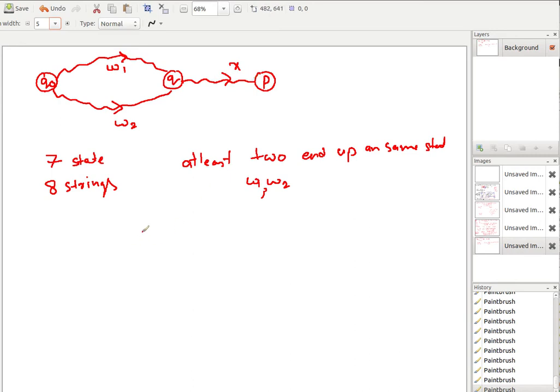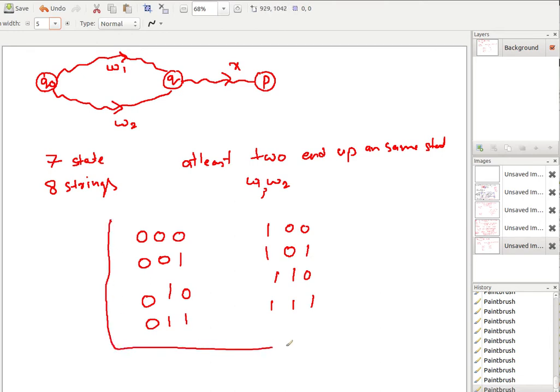I claim that you take all these 8 possibilities: 000, 001, 010, 011, and then 100, 101, 110, 111. This is a total of 8 possible strings, right? That you were talking about. I'm saying some 2 might be going to the same state, I don't know which ones.